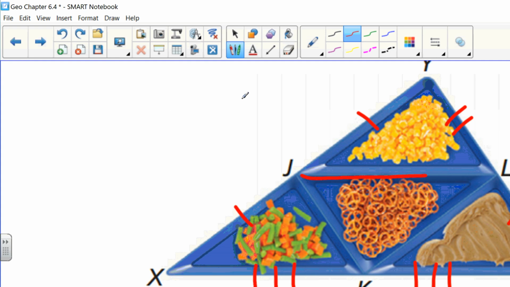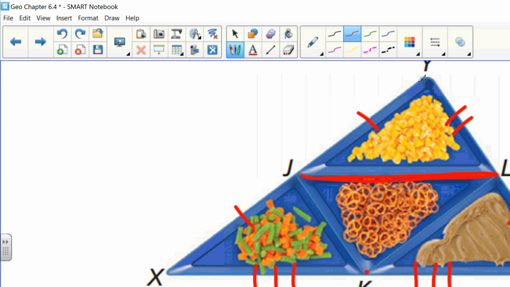Here, we have line segment JL. Well, what other line segment would be congruent to JL? So not the whole thing, but it would be X. How do you know that? Because the mid-segment is equal to what?